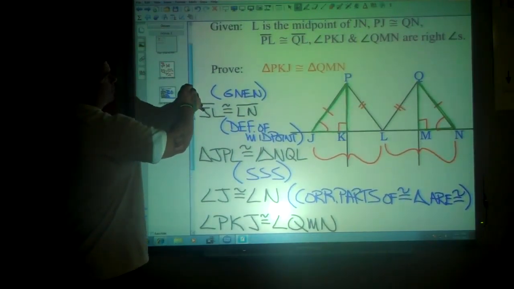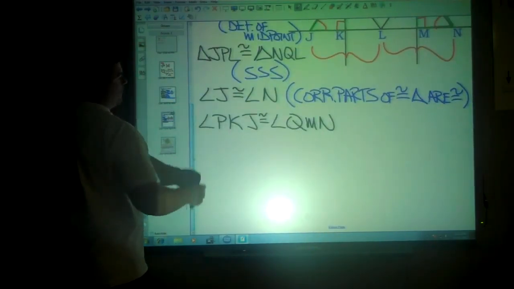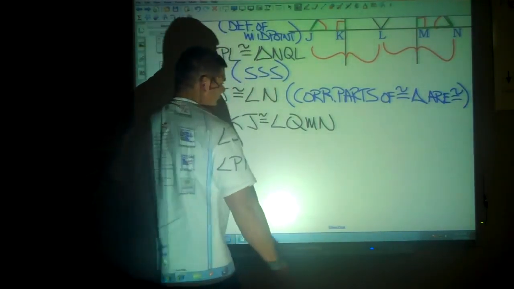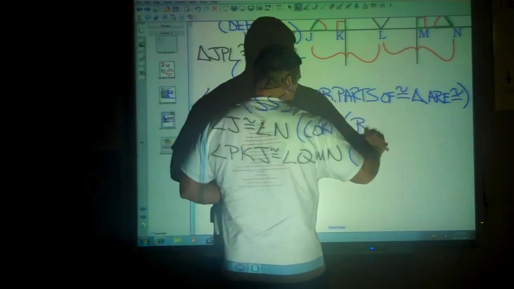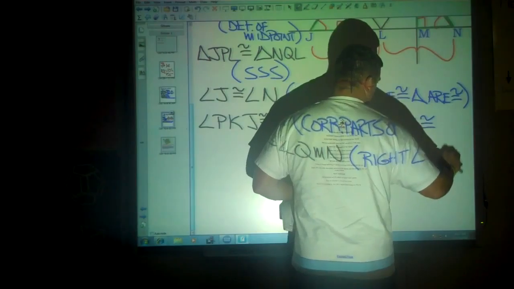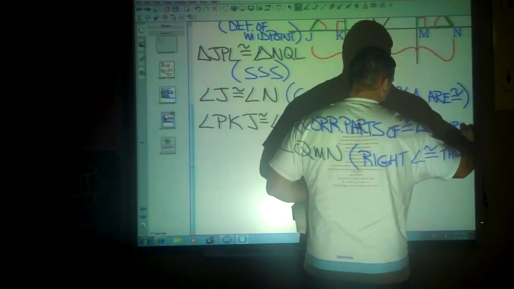Remember what we had up here, we said they were both right angles. So the fact that they're both right angles means that they are congruent to each other. That's the right angle congruency theorem.